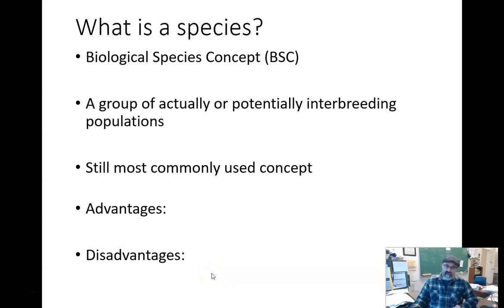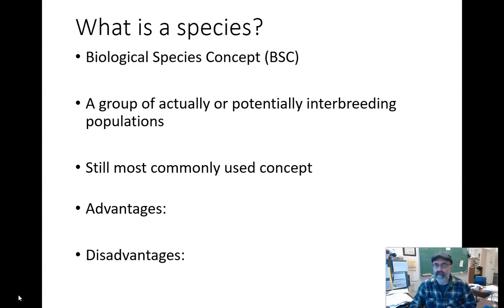Some of the disadvantages are, how do you apply this concept to extinct species? How do you apply this concept to asexual species, such as all the different archaeans and bacteria? And then finally, how do you observe this? If one population of white-tailed deer lives in Alaska and another one lives in Costa Rica, how do you know if they could interbreed?